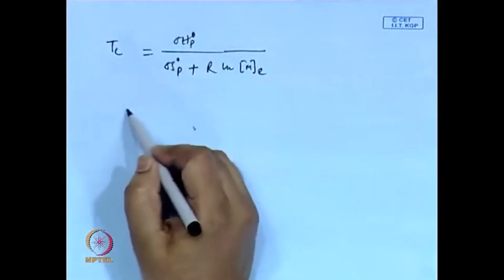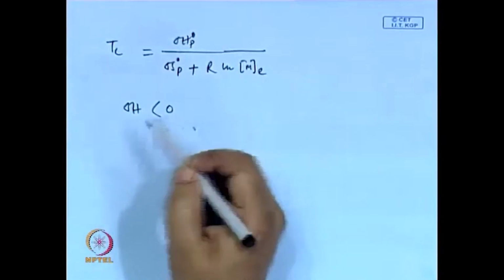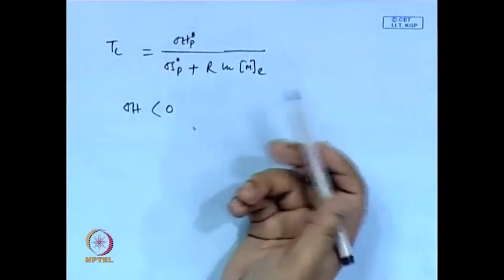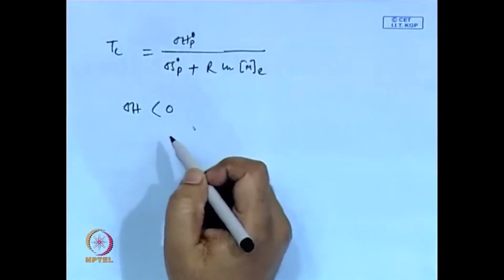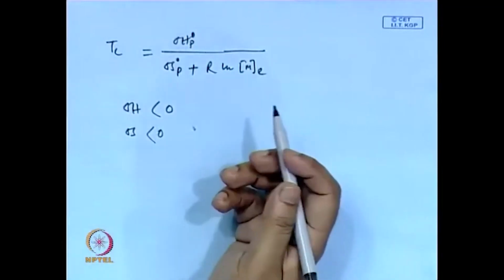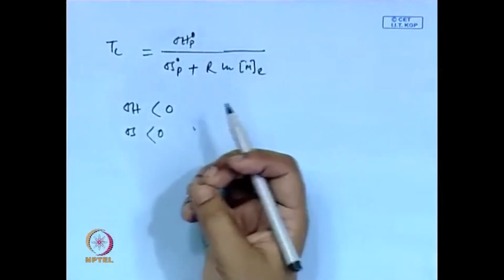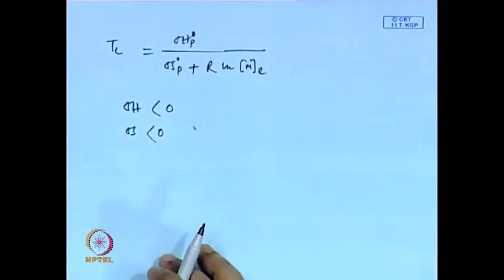Delta H is negative because it is an exothermic reaction, a pi bond is converting to a sigma bond, and delta S is also less than 0 because the monomers are getting tied up into a more ordered state compared to a disordered state.